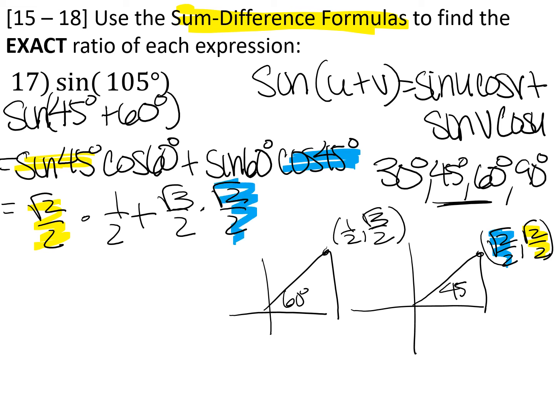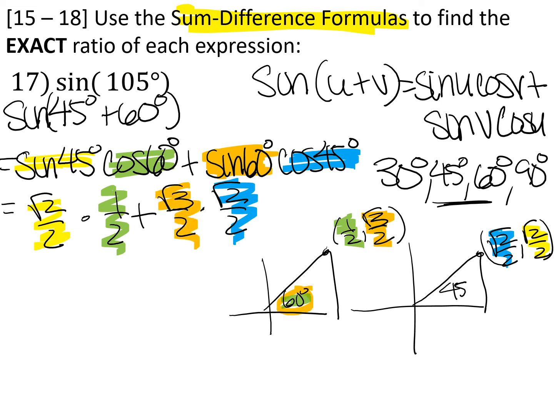And then my others are coming from, let me do a green one here. My cosine 60 is coming from the 60 triangle, 1/2. And then my sine, this is not really a different color, but orange, I guess it's a little different color, is coming from that one there from my 60-degree triangle.